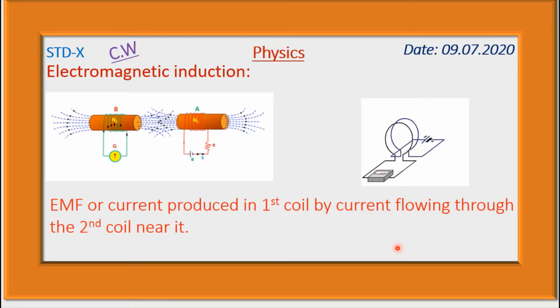In these different ways we can change the magnetic field and we can produce induced current or induced voltage. That means the main cause of production of induced voltage or induced current is changing of magnetic field inside the coil.